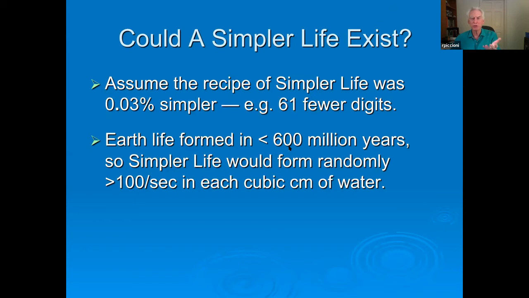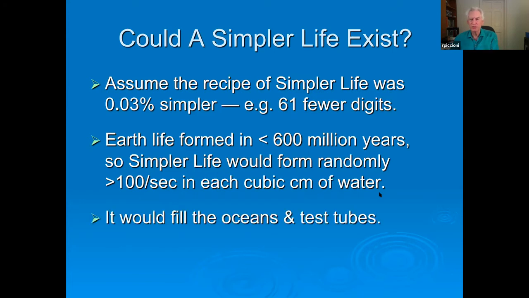So if J. Craig Venter's DNA was created within 600 million years, then this life would form 100 times per second in every cubic centimeter of water across the entire surface of the Earth. It would fill the oceans. It would fill every test tube in every lab. It would just be jumping out because it would be so much more likely to occur than what did occur.